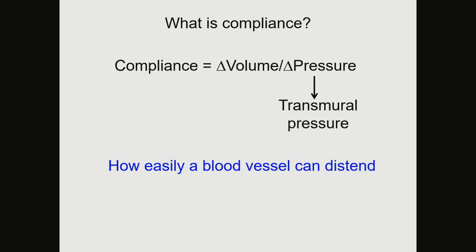So we put a bunch of blood in there, and it doesn't change the pressure much, then that's a very compliant tube. If we put a bunch of blood in there and that causes a great increase in pressure, then that's a non-compliant tube. Okay?